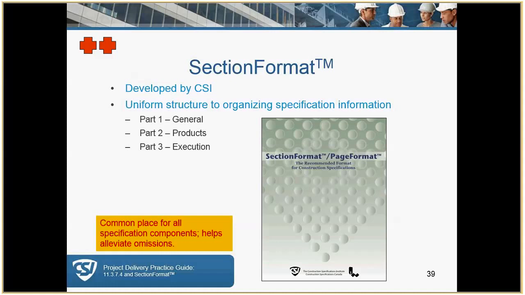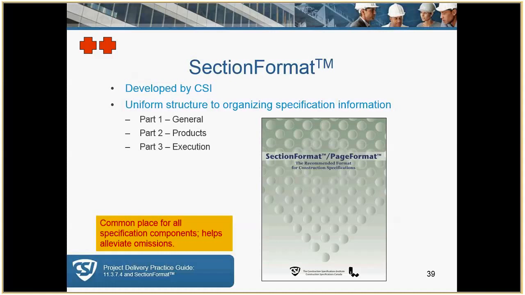The section format was developed by CSI, and as you'll see on the slide, it's a uniform structure to organizing specification information. It's in a 3-part format. General is part 1, products is part 2, execution is part 3. There is no part 4, part 5, or part 6, or part 7, and sometimes you will see that.